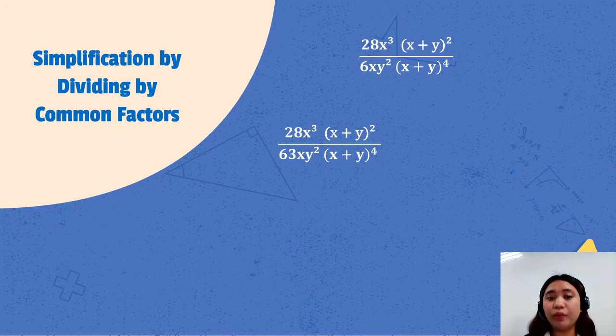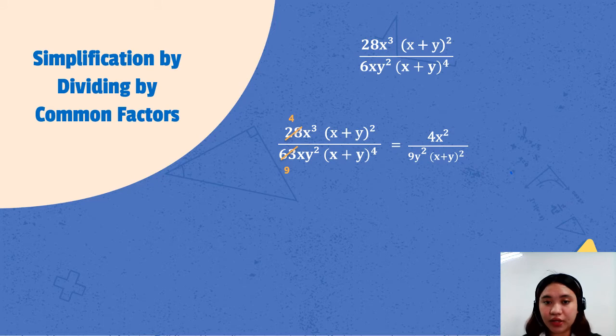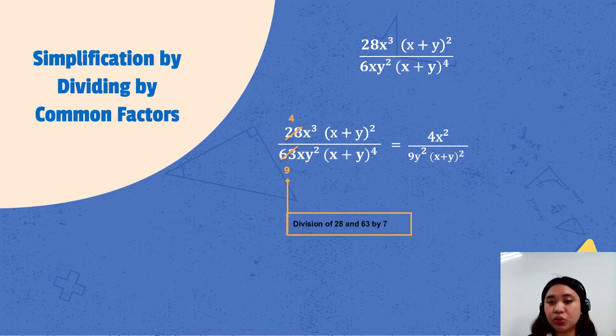That will be the common factor of 28 and 63. The common factor of 28 and 63 is 7. Why 7? Because 28 divided by 7 is 4, and 63 divided by 7 is 9.